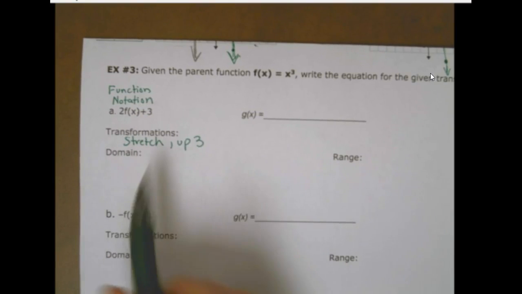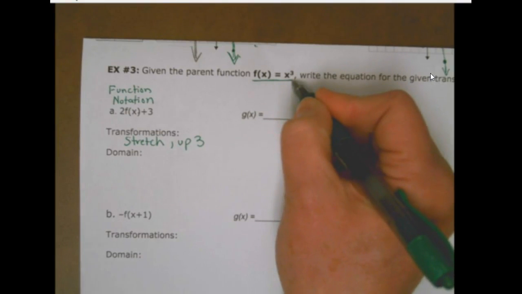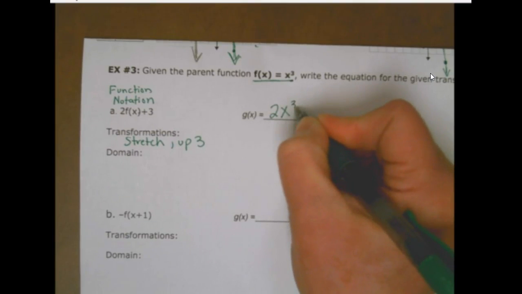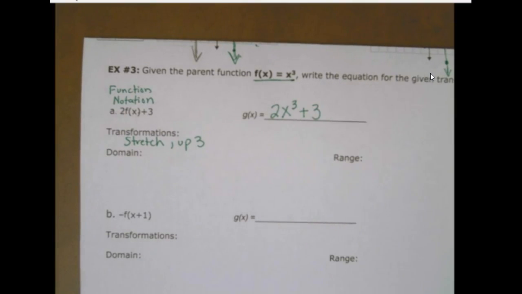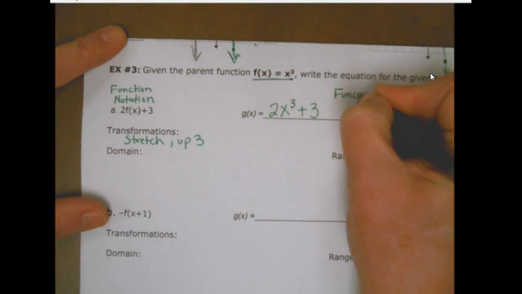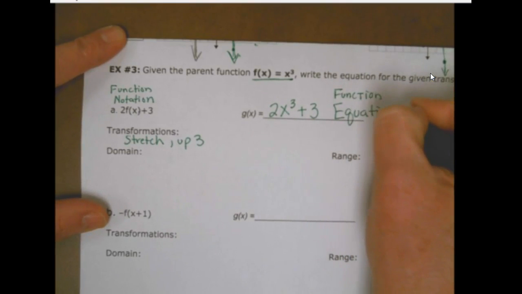If I take that function notation and apply it to this specific graph, this is called a function equation because there is an equal sign.